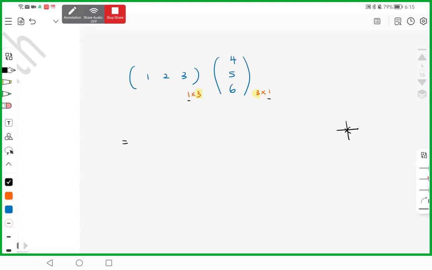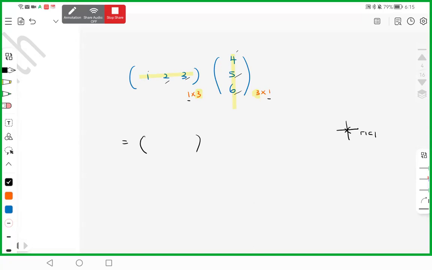So row 1, column 1, meaning you take all the numbers in the first row, multiplied with all the elements in the first column. So you will have only one answer. So 1 times 4 plus 2 times 5 plus 3 times 6.